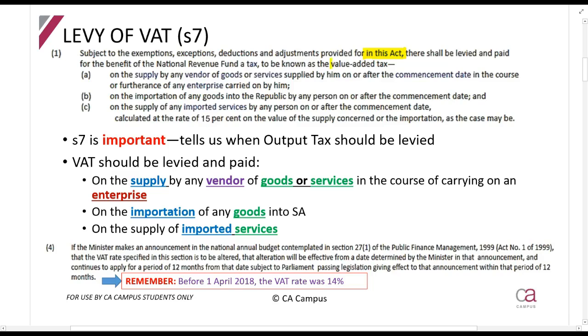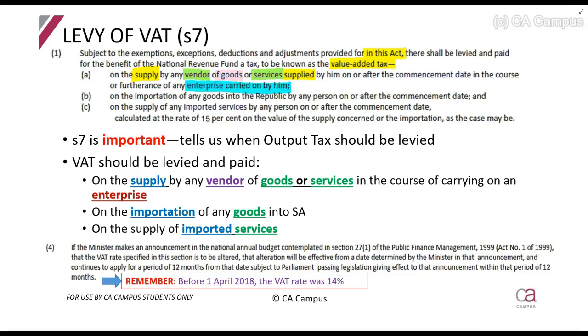You need to charge VAT if there is a supply, look at the words I'm highlighting, by any vendor of goods or services supplied by him or her, on or after the commencement date in the course or furtherance of any enterprise carried on by him.